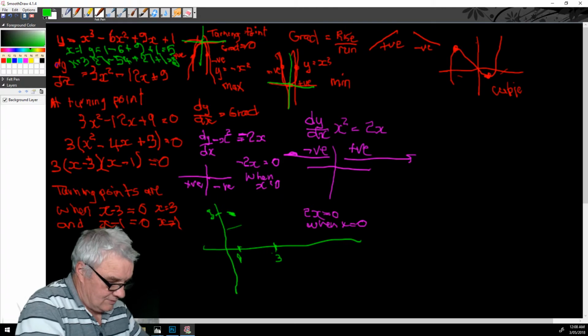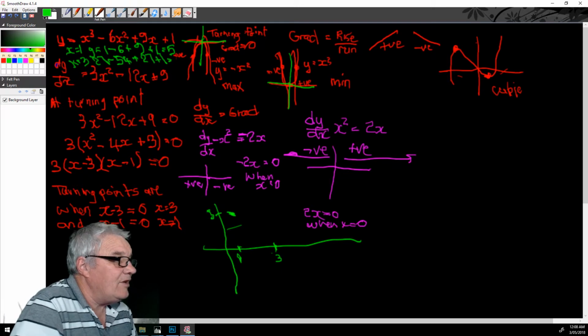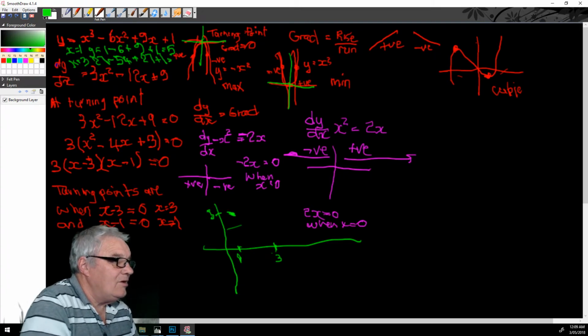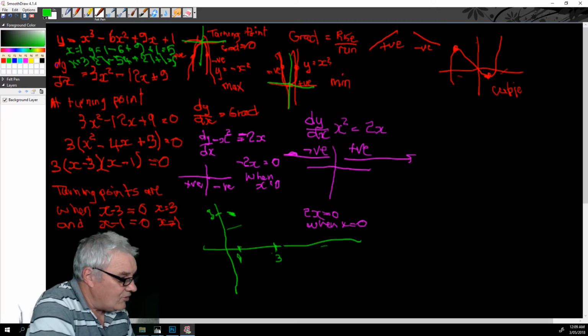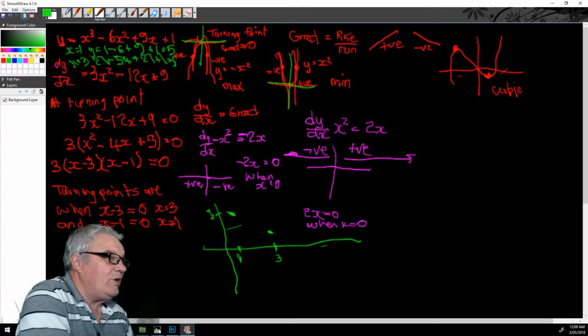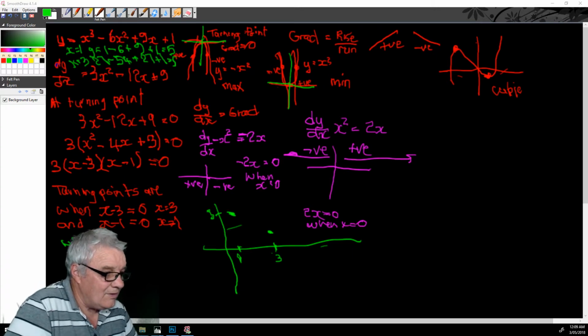Try and get a 1 in there. Equals 1. So we're going to get a turning point there and there. Now there's another point that we can easily determine on the graph, and that is when x equals 0.